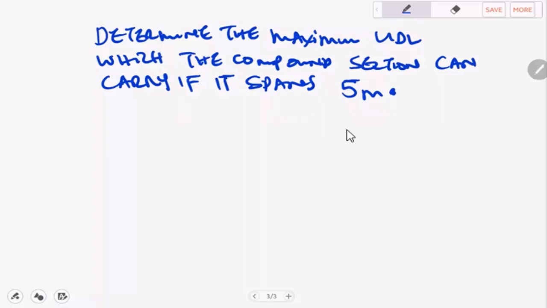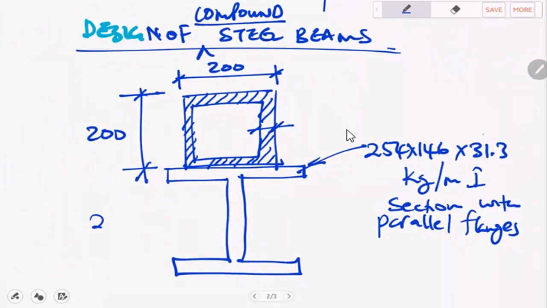Figure 3 shows a compound beam consisting of a 203 by 203 by 53.5 kN per meter I-section parallel flange steel beam supporting a 180 by 150 by 4 millimeter rectangular hollow section over a span of 6.5 meters. Assume a self-weight for the compound beam to be 125 kN per meter.